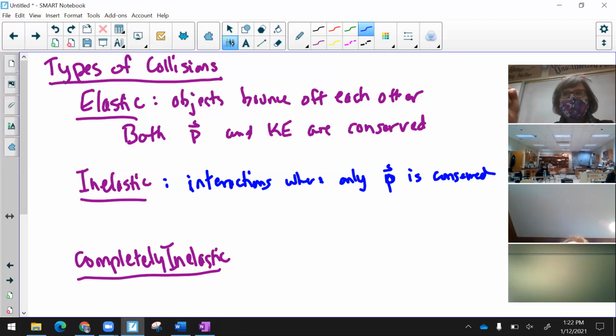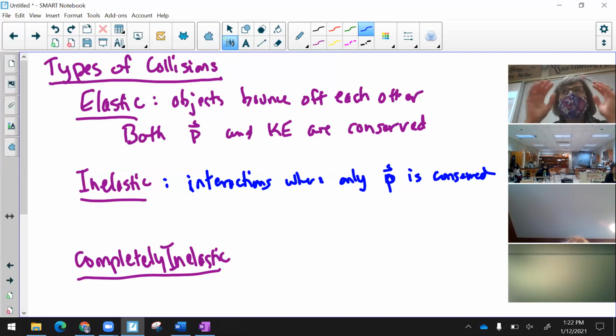So the objects can begin as separate objects, and leave as those same two separate objects. But the kinetic energy may not be conserved for some reason. Yes? So could you have friction? No, because that would be an external force.